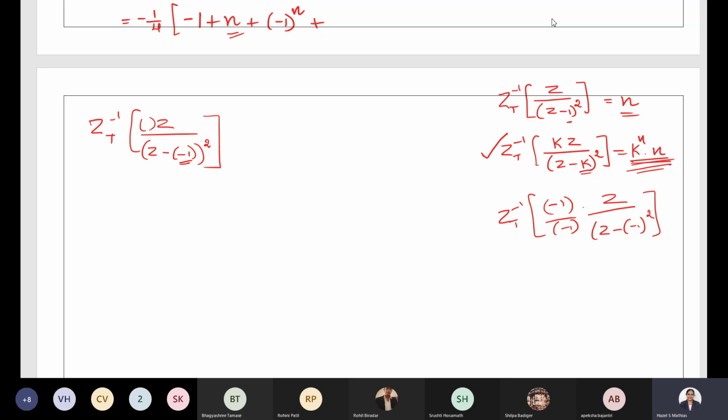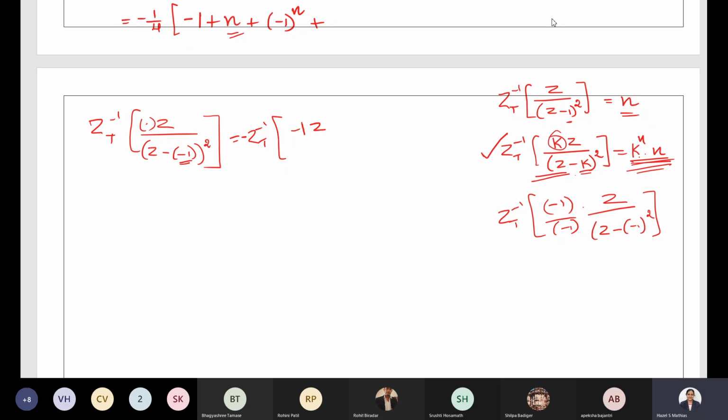You just need to think about this. Minus 1 is a number which is not equal to 1, which is different from 1. That's why we have to apply this formula, inverse Z transform of kz divided by z minus k whole square, which is k power n into n. But k is not there in the numerator. That's why we write that as minus 1 z, and when you have multiplied by minus 1, you have to divide by minus 1.